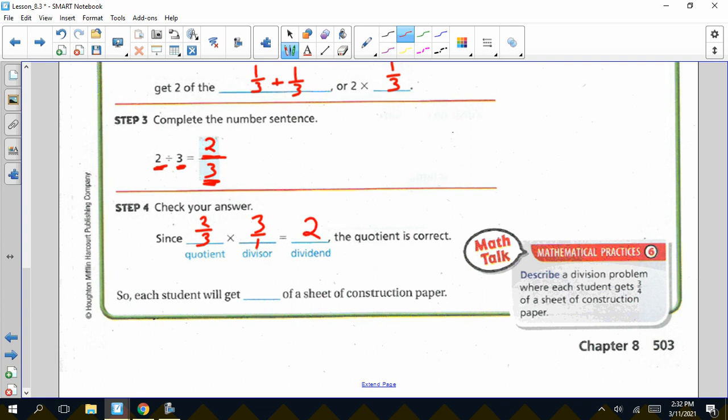Think cancellation here. 2 times 1 would be 2, and we'd be back to our 2 full sheets of construction paper. So each person in that craft class is going to get 2/3 of a sheet of construction paper to work on their project.